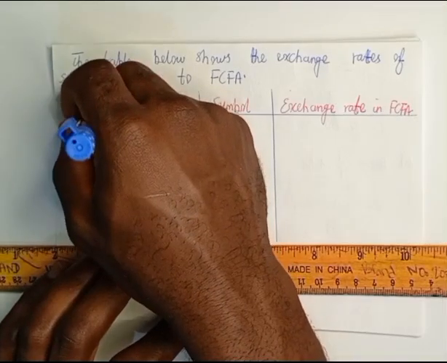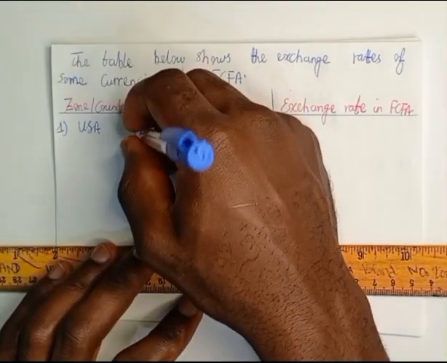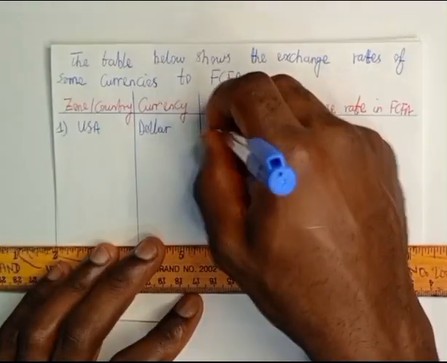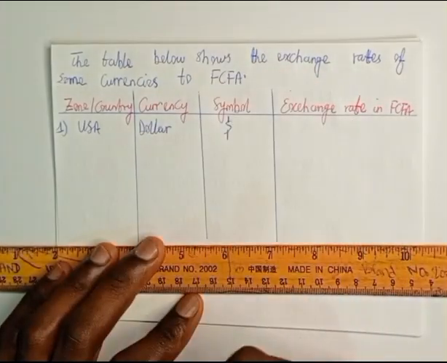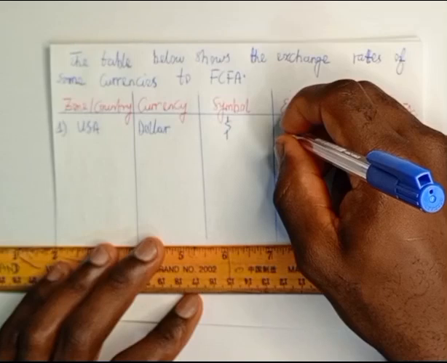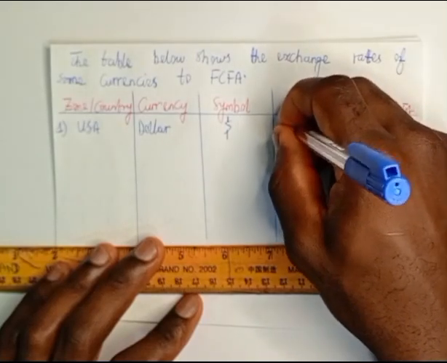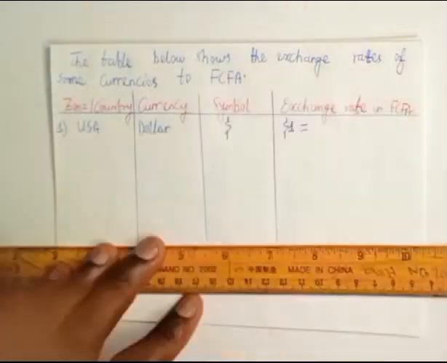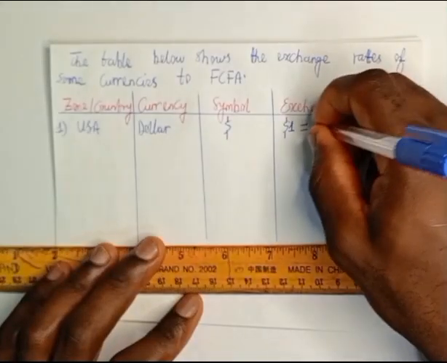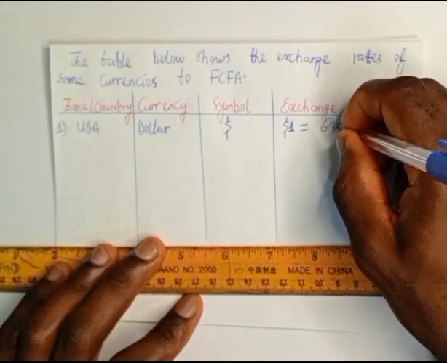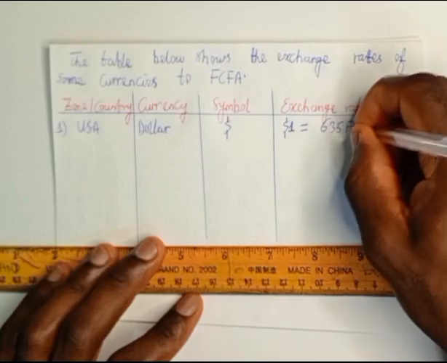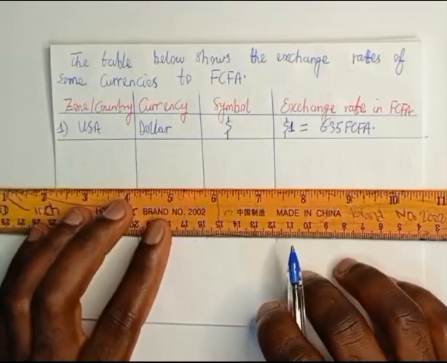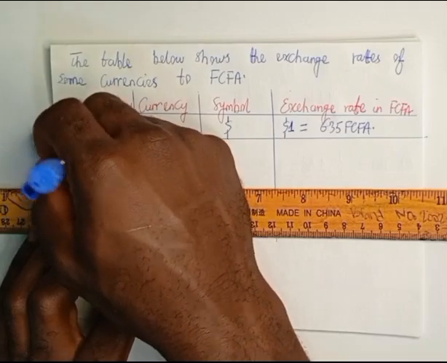Take the first one, the USA. We make use of the dollar, which has symbol as such, and the exchange rate: $1 is approximately 635 francs CFA. You can see the amount. It's really much. We go to the next, Europe.